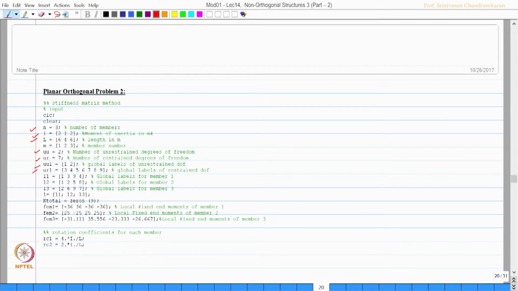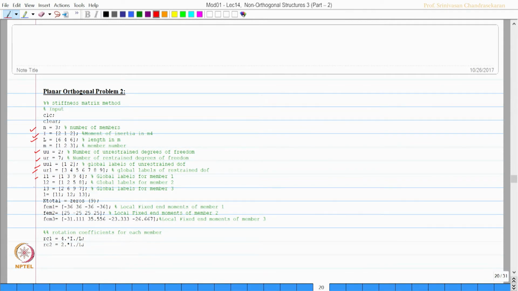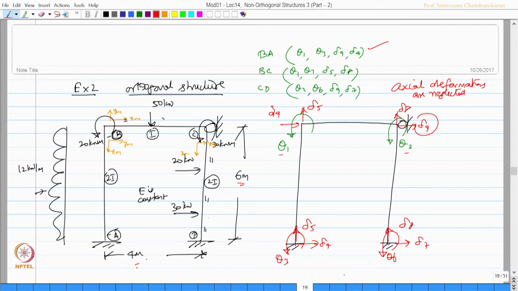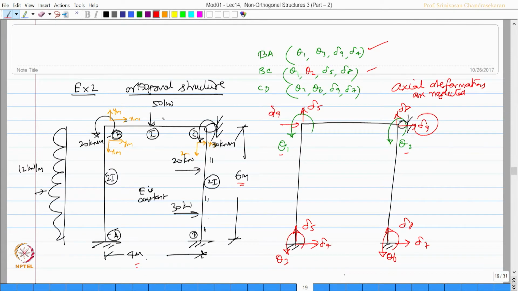So, let us talk about member 1, the global members 1394, you see here 1394. For member 2 1258, is it not? This is 2 actually, right. Let us write it clearly, this is 2. Then 2697.